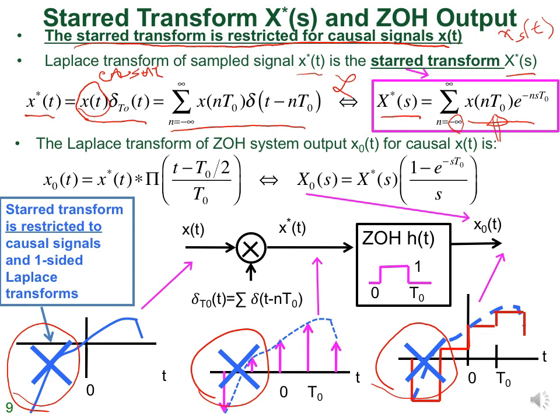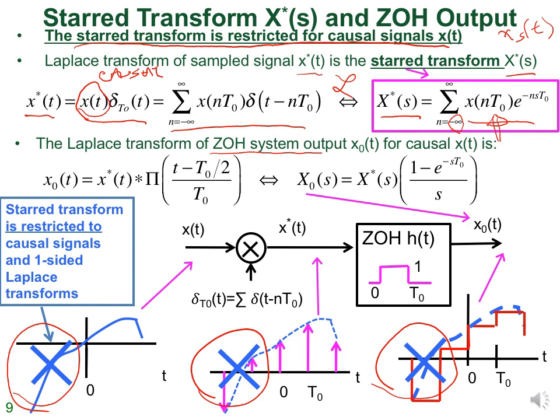So the Laplace transform of the zero order held signal, output x0 of t, so we'll call that the output of a zero order hold.